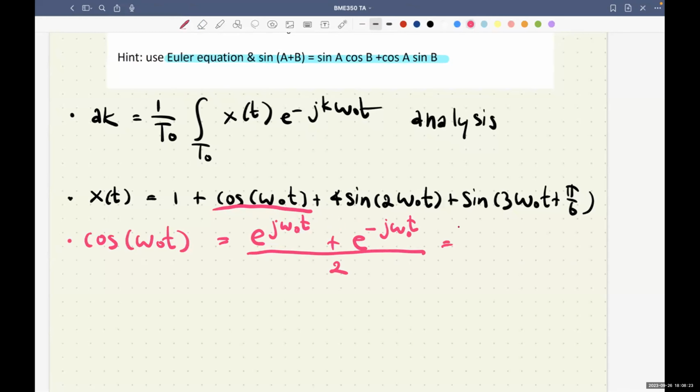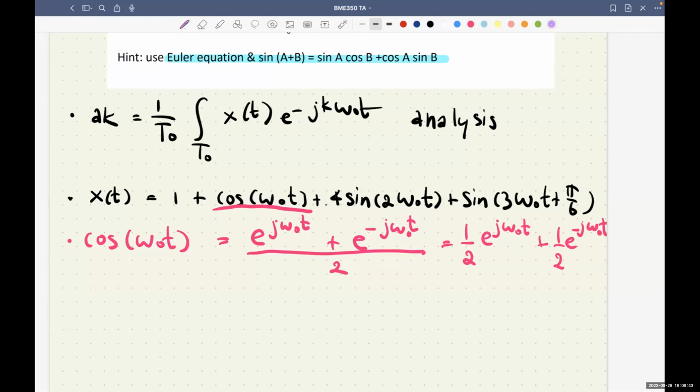So I can write it as 1/2 e to the power of j omega naught t plus 1/2 e to the power of negative j omega naught t. All right, that's the first term.